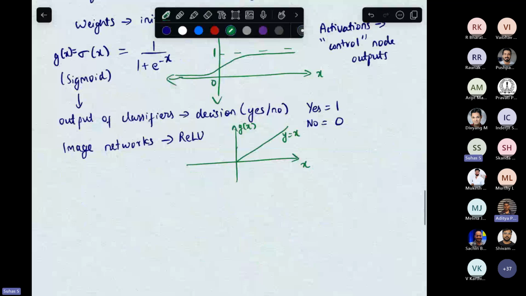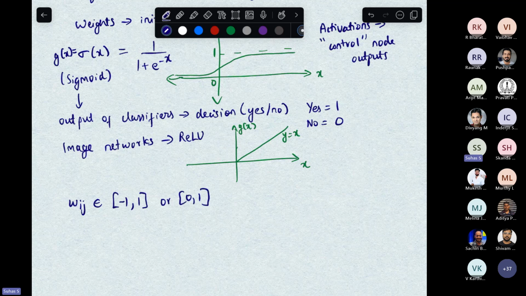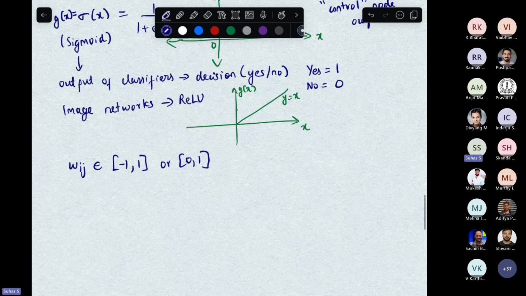Correct, yes, we do. In many applications, you use weights between 0 and 1. Typically, we choose weights in this range, w_ij belongs to, let's say, -1 to 1 or 0 to 1, and we initialize weights randomly such that they're in this range, just so that it's small and you don't have something known as gradient explosion.